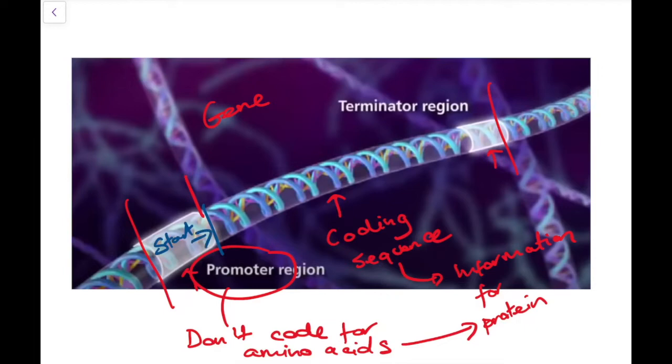It gives the enzymes involved the information to start at that point. It's a recognition site. And the terminator is the part that says stop here. So we've got two signals, the start and the stop. The start signal is the promoter, and the stop signal is the terminator.